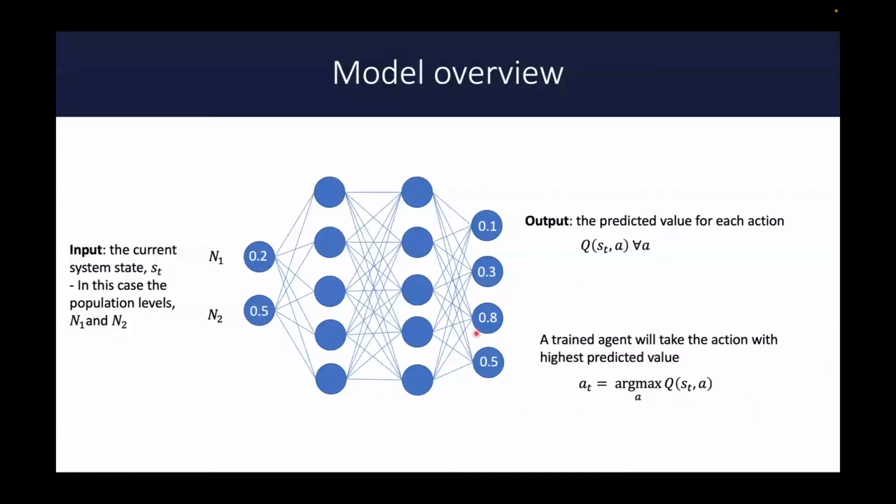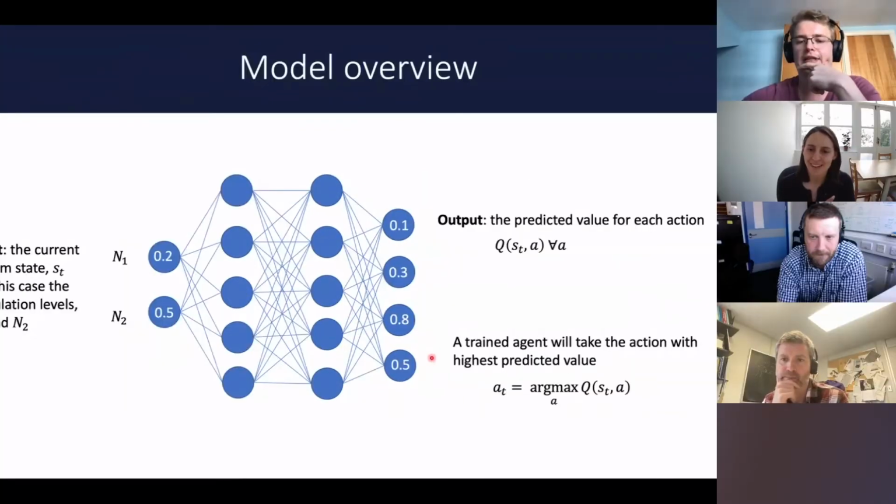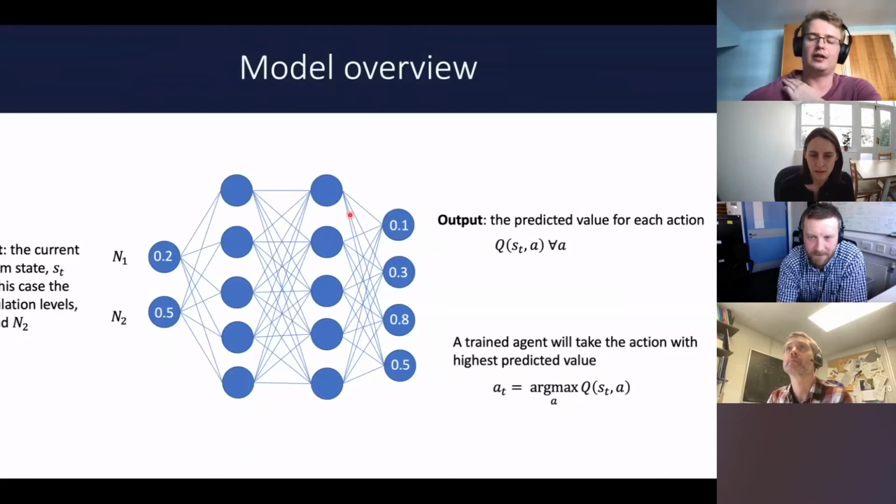So given all the experience I've had so far, I think action number 3 is the best one. Here is the actual network. It has 2 hidden layers, if I remember correctly, with 20, I believe, neurons in each layer. So it's not a huge neural network. It's relatively quite small.